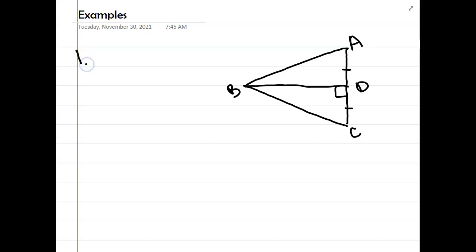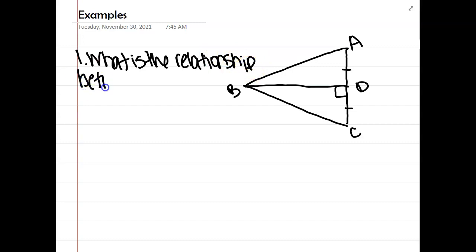I'll give you some more information once we get into this, but looking at this picture, the first thing I want to know is, what is the relationship between BD and AC? What is the relationship between segment BD and segment AC?